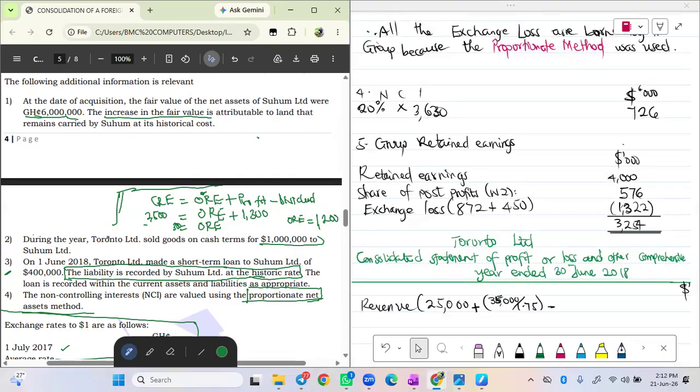The information given did not tell us that there was inventory at the end of the reporting period. So it means everything they bought from the parent has been sold to third parties. So we don't have any unrealized profit. So just deduct the total intragroup sales figure, which is in dollars already, minus 1 million. We're dropping three zeros, so 1,000.